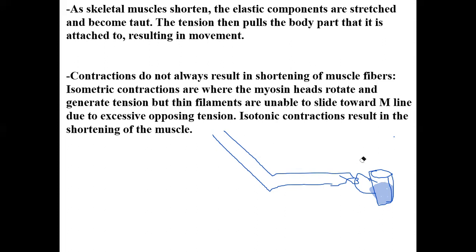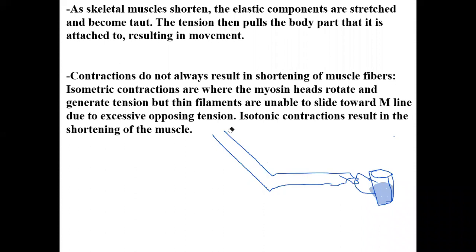So what you're doing is maintaining the same tone, the same tension, because you are moving the fiber. You are moving the sarcomere, making sure that the tension remains the same.